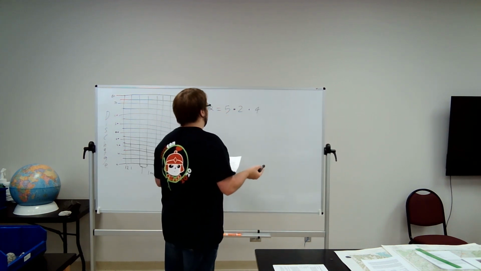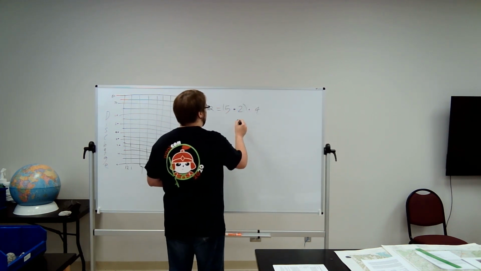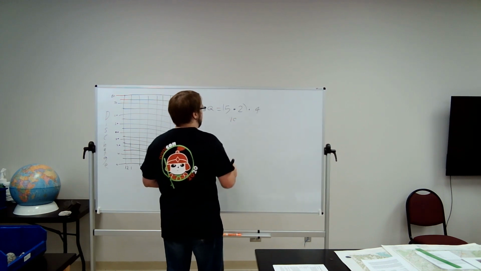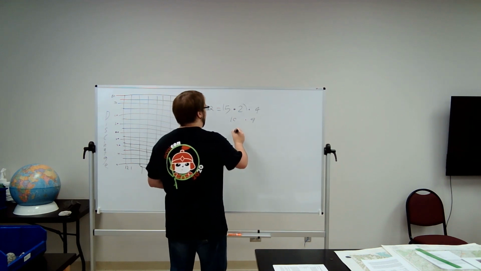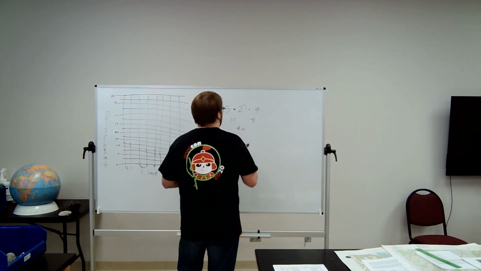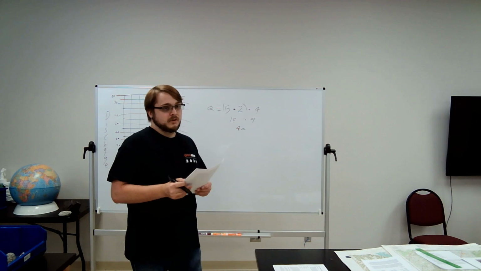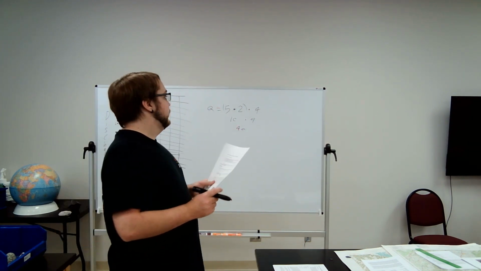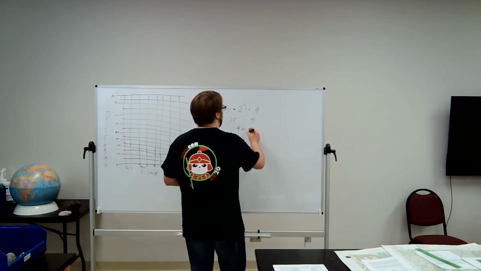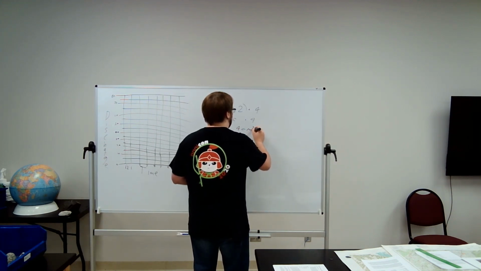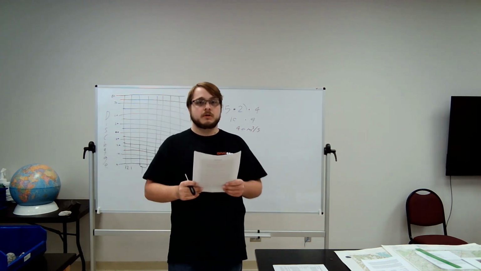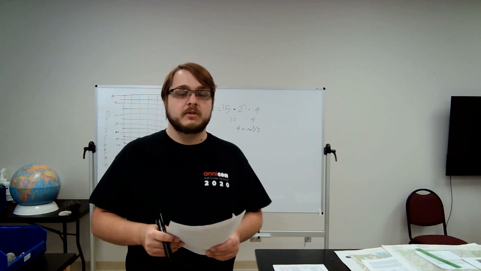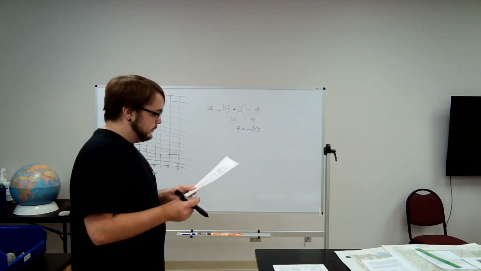We just multiply 5 times 2, which is 10, and then 10 times 4 is 40. So a stream that has all of these variables would have a discharge of 40 cubic meters per second. It is very important to label your units, so do not forget that.